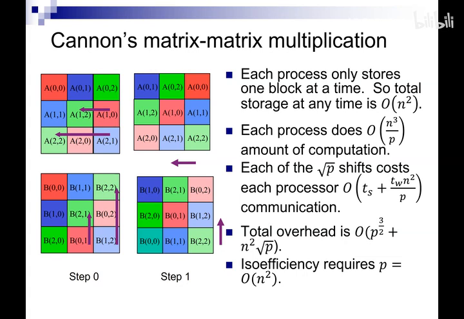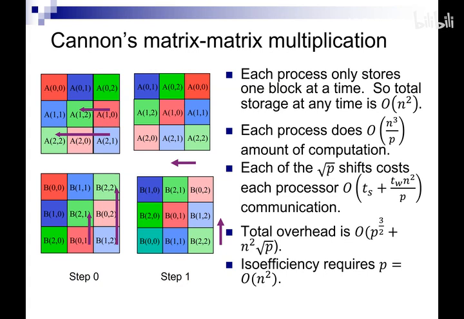Then in the next stage, we just shift all the blocks over to the next process. So again, in the next stage, each process stores n squared divided by P values of A and B. So altogether, they use n squared storage. Therefore, at every stage, the processes are using just n² storage.